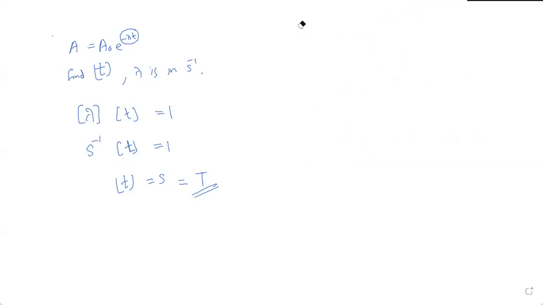Let's find the dimensions of some unknown quantities. So S is equal to A plus half BT. S is distance, T is time. Find dimensions of A and B. Like A and B separately, we have to find.